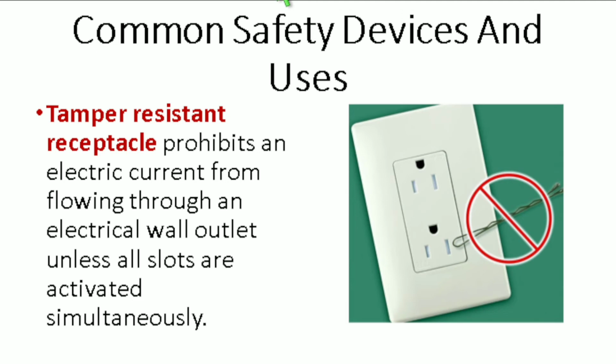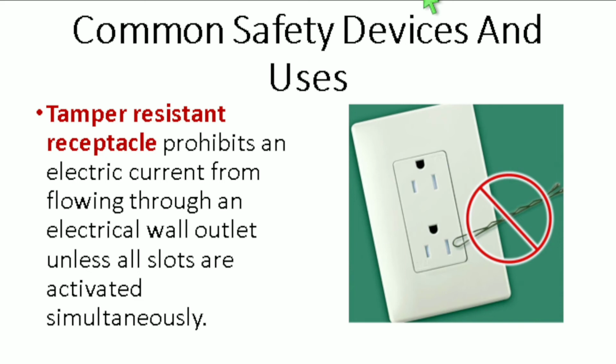This prohibits an electric current from flowing through an electrical wall outlet unless all slots are activated simultaneously. It is used for young children who might be wandering around the home with a fork or hairpin. With this TRR, they will be unable to shock themselves by inserting it into the slot.